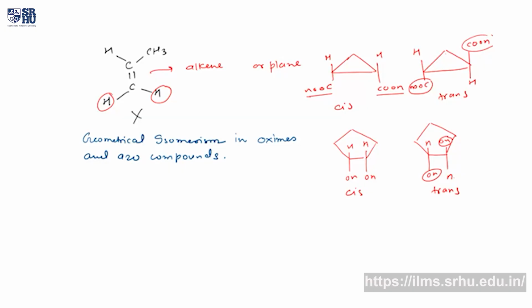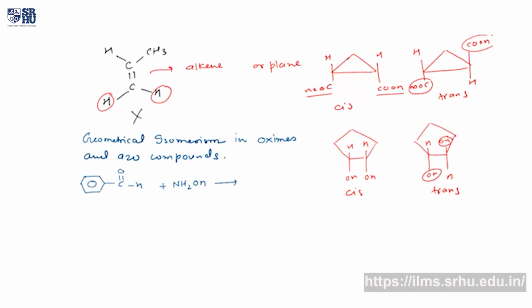Now what is an oxime? First of all, you must remember this in your mind. For example, I am having C6H5, a benzene ring, benzaldehyde. Let's say we have benzaldehyde. Now I react this benzaldehyde with hydroxylamine, NH2OH.